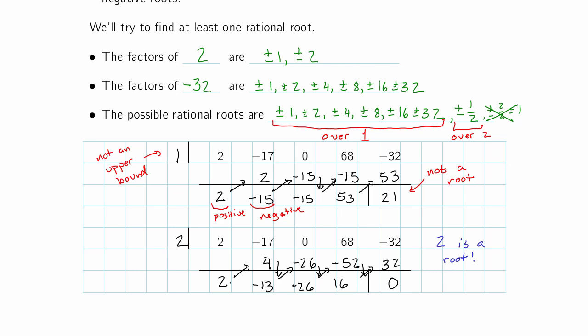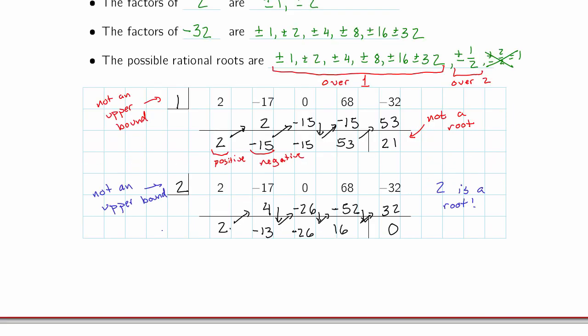By the way, I wasn't just doing that arithmetic in my head. I worked this out earlier. You can absolutely use a calculator for that arithmetic if you'd like. We didn't get an upper bound. We might have more roots that turn out to be greater than 2. But hey, we've got one factor.